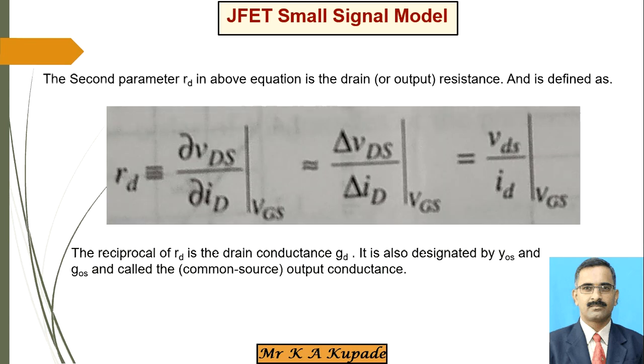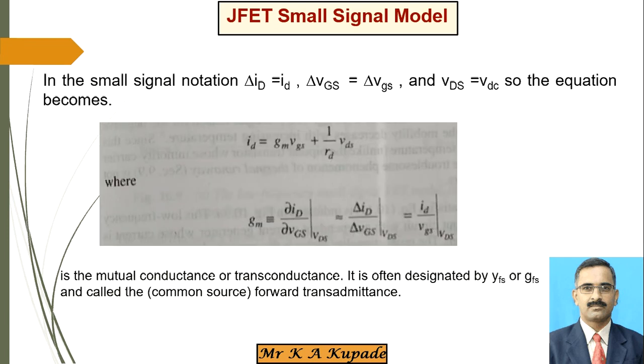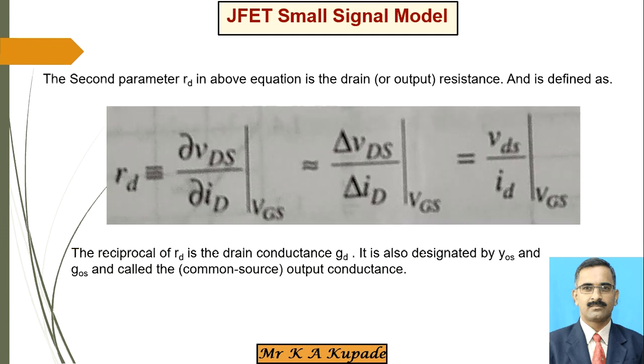Now in the above equation, the second parameter RD is the drain resistance, which is called the output resistance, and it is defined as RD nearly equal to the derivative of VDS with respect to ID for that VGS, which is nearly equal to delta VDS upon delta ID for that VGS, calculated as VDS upon ID for that VGS.